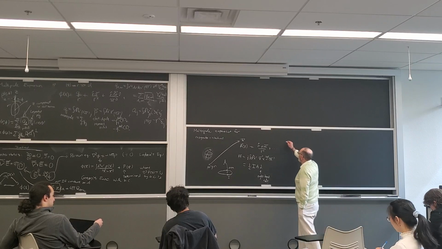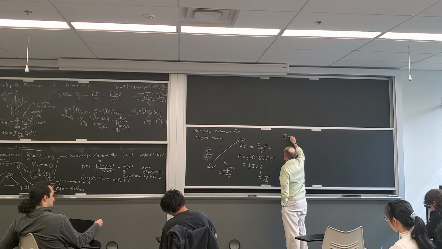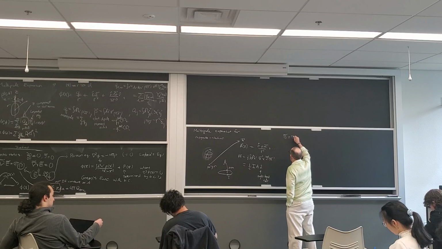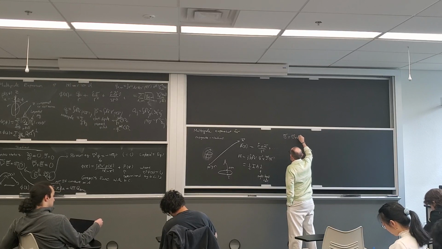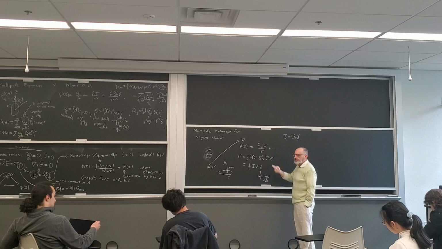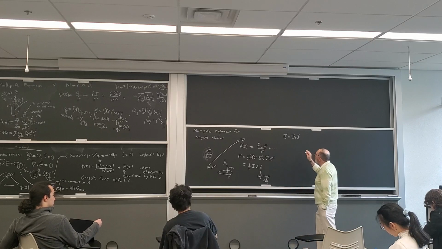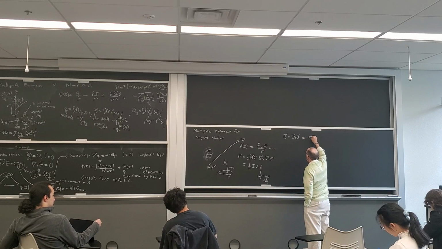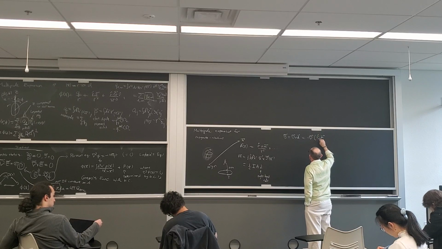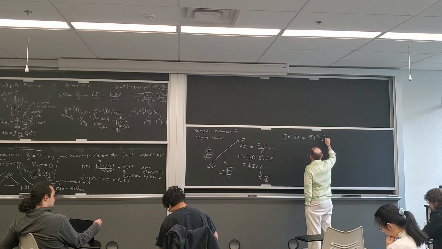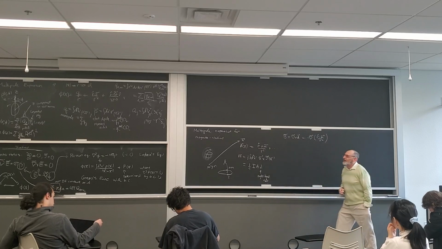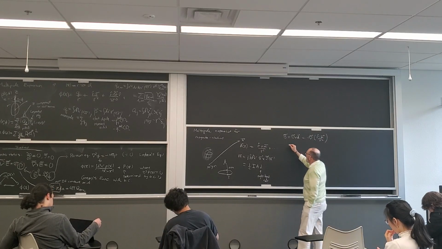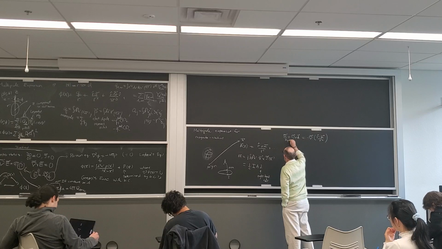And the magnetic field is equal to the curl of the vector potential, and it's the curl of this. Now, what we showed at some point is that this is actually also equal to that, which is the magnetic field of the dipole.